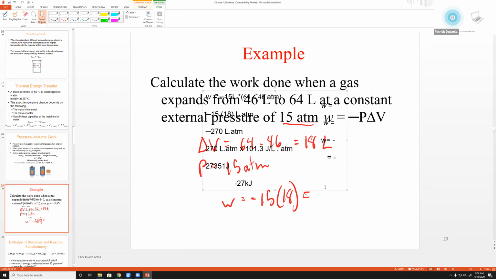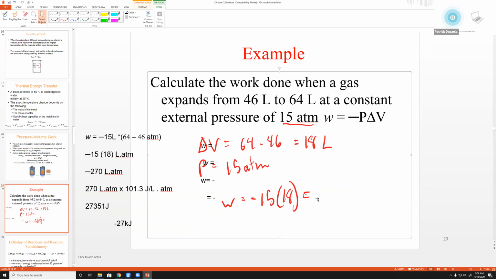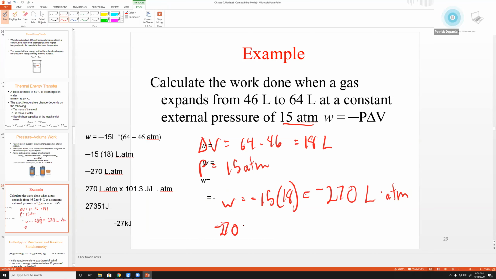And that number is 270. So negative 270 liter atm. Then we take negative 270 liter atm and multiply it by 101.3 joules per liter atm.